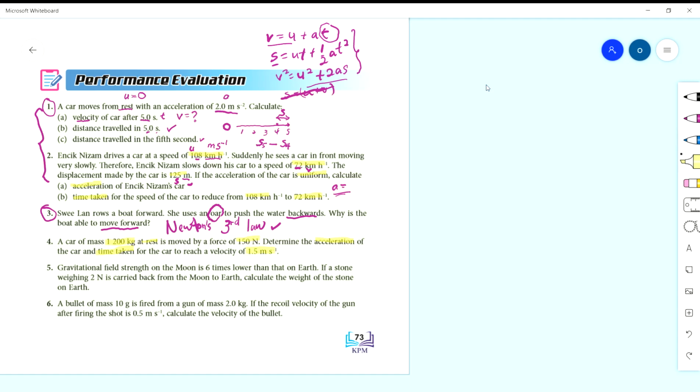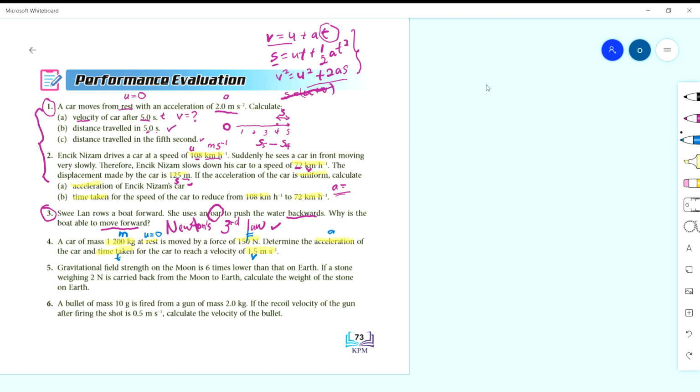So 2 questions, time taken and acceleration. Okay, again, this part is your mass, m. This is the force, F. This is the v. Then initially from rest, u equal to 0. So you're going to determine the t and the a.